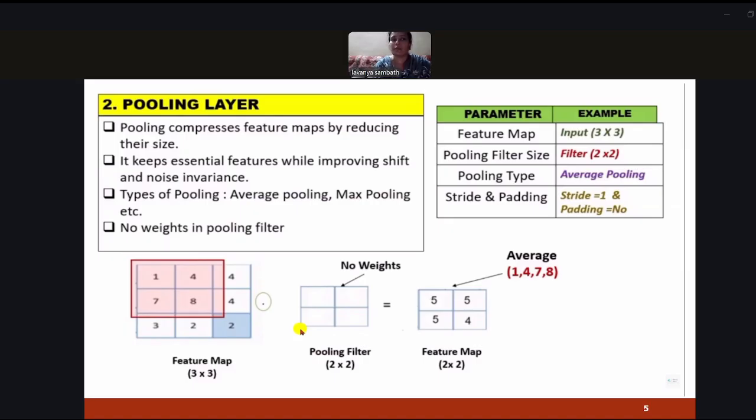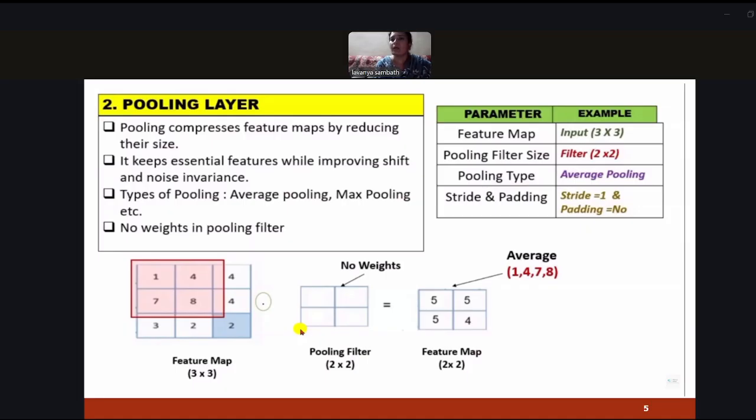Also, while performing the pooling operation, you improve shift and noise invariance across multiple images. What do you mean by shift and noise invariance?